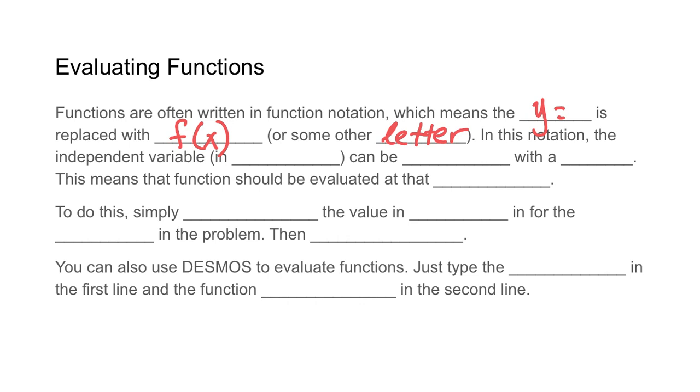In that notation, the independent variable, the one in parentheses, can be replaced with a number to make it represent a specific value. That means you should be evaluating the function at that number.